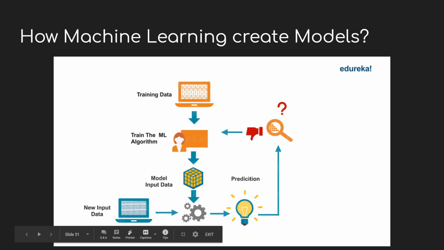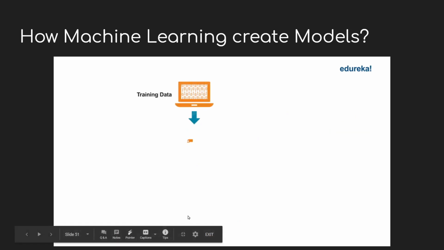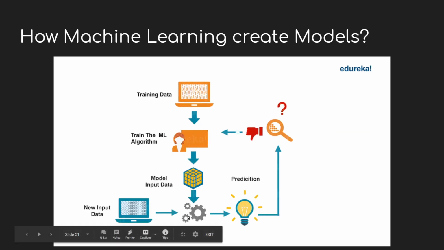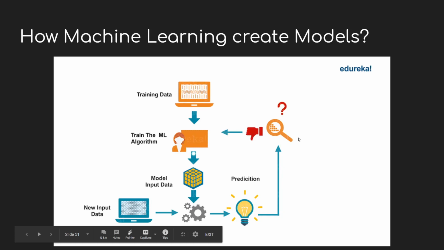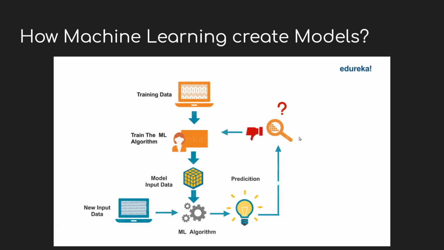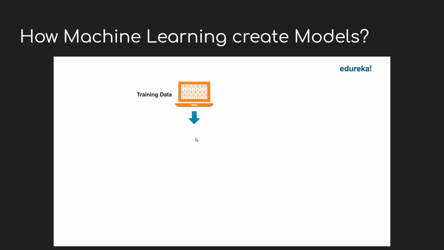Then you give new input data. Instead of giving agarbatti, you will give him a firewood. Whenever you give him a firewood, if he screams that it hurts, then you have a successful model. If he does not scream, then the algorithm which you are training with is wrong. Again, you burn him with a new idea, a new model, something like that.